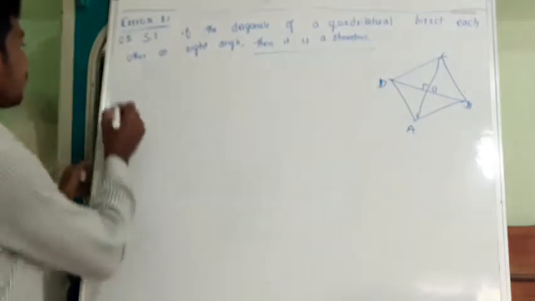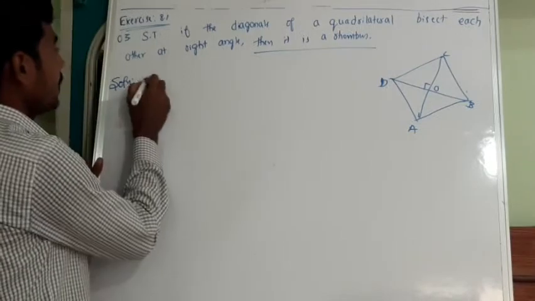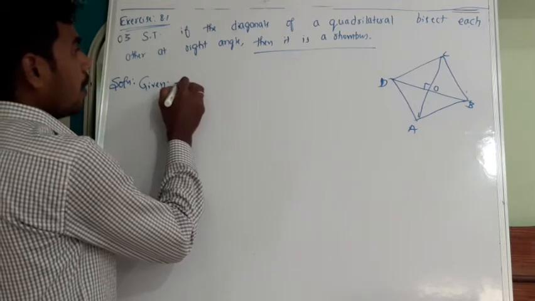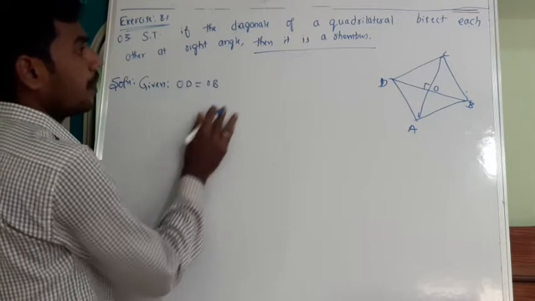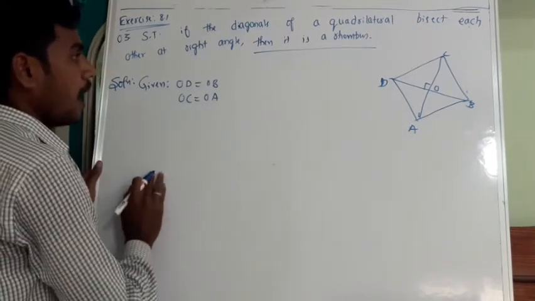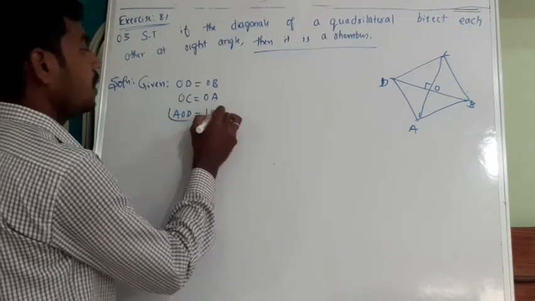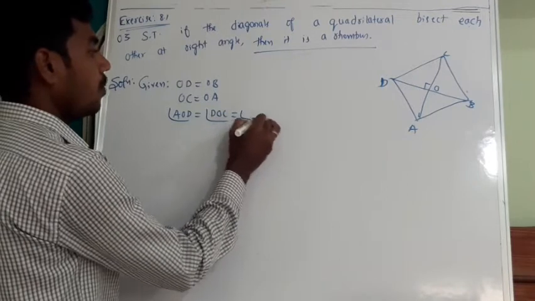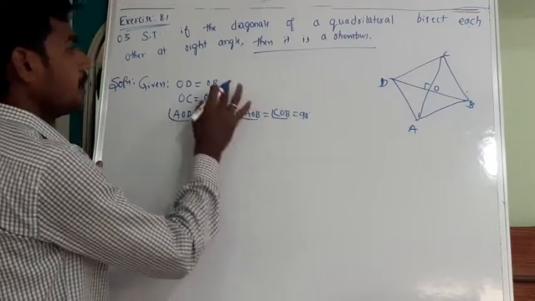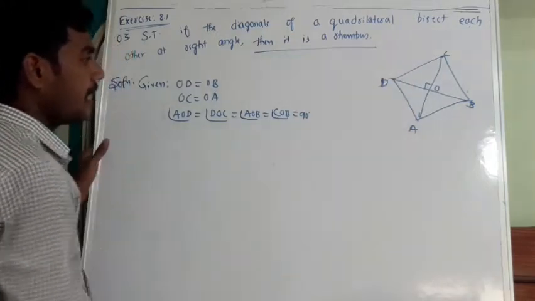So okay, now what is given? Given OD is equal to OB, OC is equal to OA, and angle AOD is equal to angle DOC is equal to angle AOB is equal to angle COB is equal to 90 degrees, because the diagonals are bisecting each other at right angles.